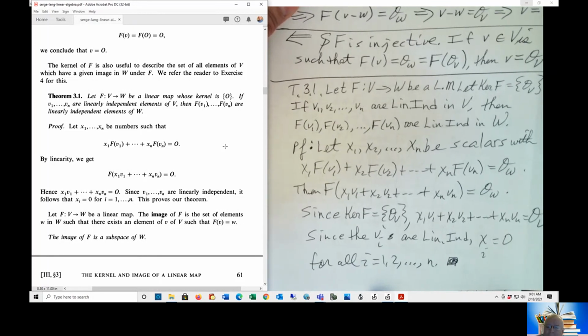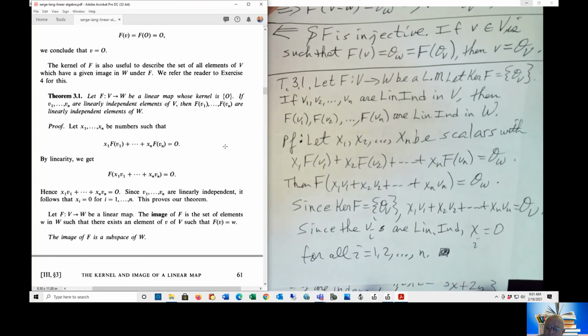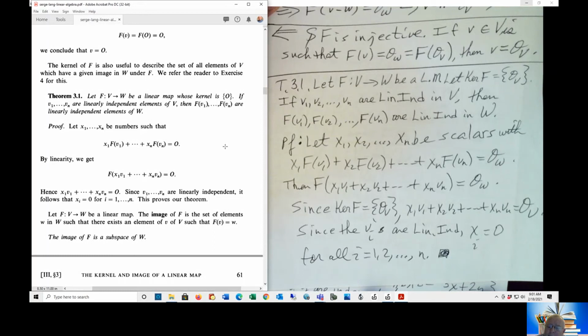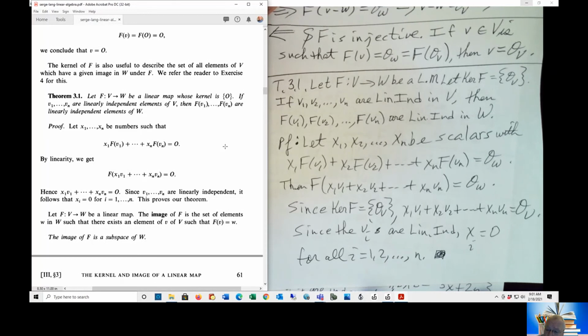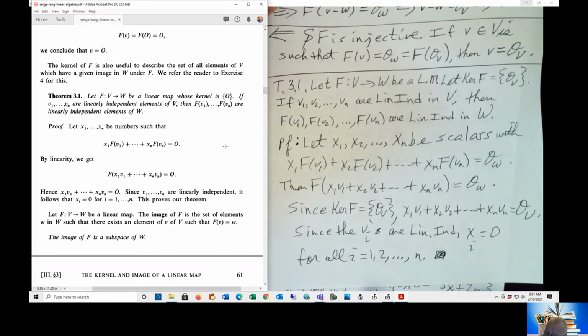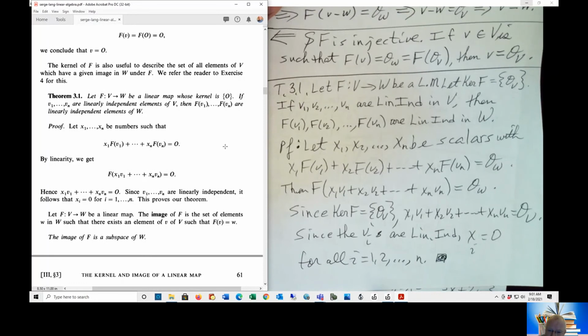Okay. But now the kernel of f is only the 0 vector in V. So that means now that our combination of xi vi's equals the 0 vector of V. But since the vi's are linearly independent, that means that all of the scalars xi must be 0 for all i, 1 to n. Hence, we've proven the theorem. Okay?